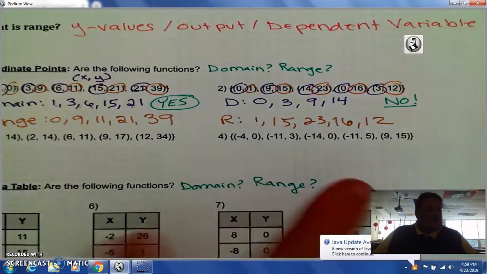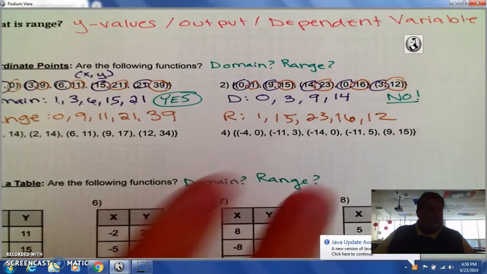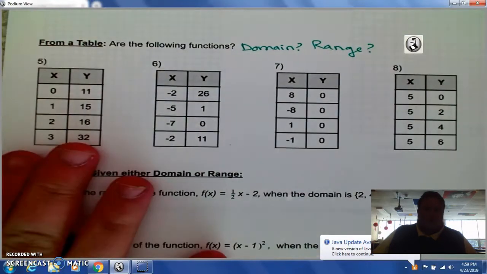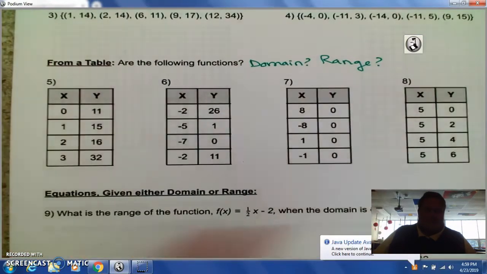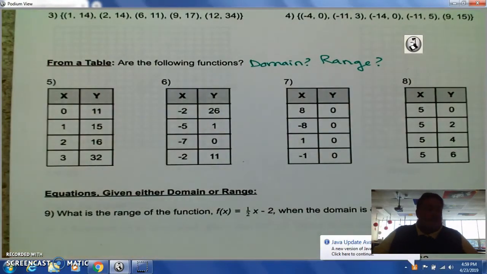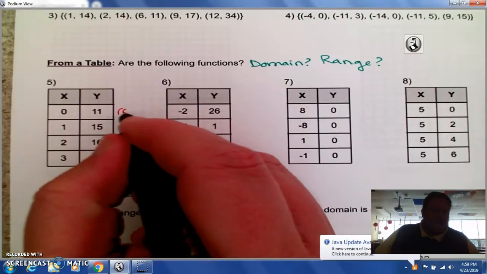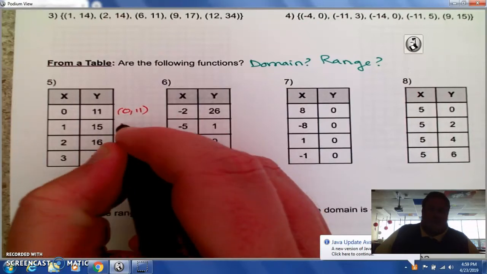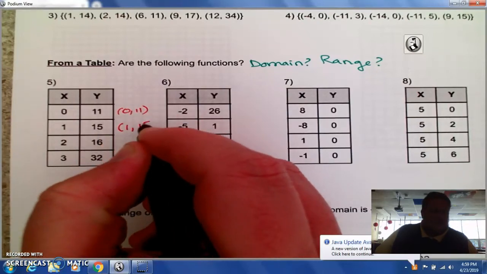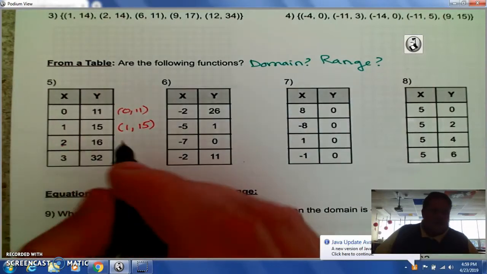Okay? 3 and 4 I want you to work on your own. So, from a table, 5, 6, 7, and 8. Tables are just fancy ways of writing coordinate points. For example, for 5, this is 0, 11. That's 1, 15. The x is 2, the y is 16.